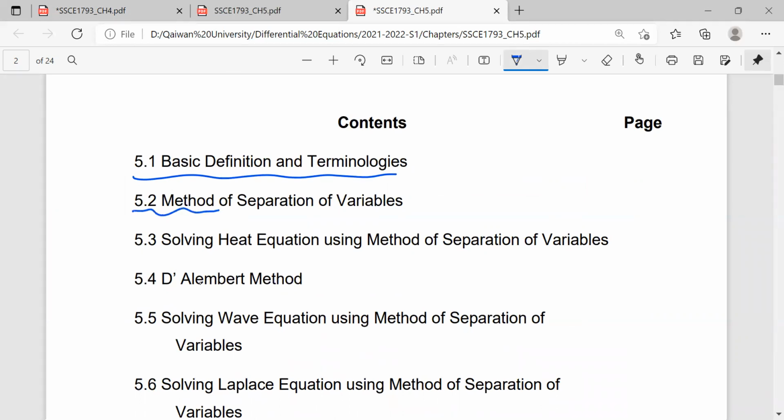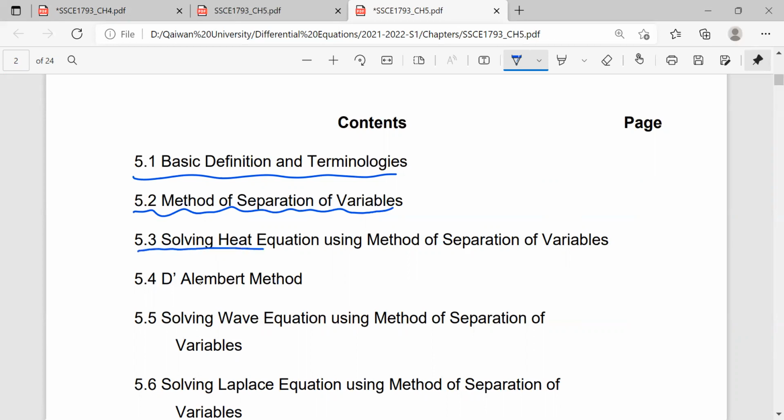Then in the second section, we have the method of separation of variables. We use this method throughout this chapter for solving the partial differential equations.